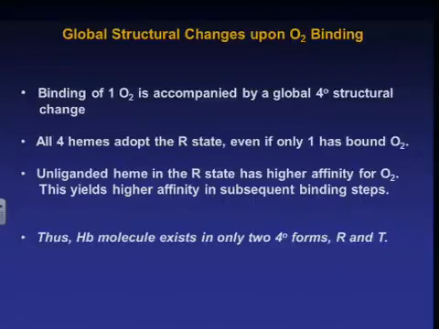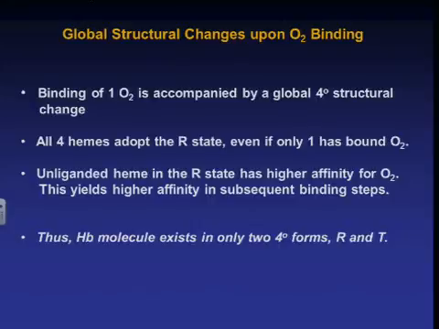All four subunits are undergoing structural changes, even though you've only had one binding event. So these unliganded hemes in the R state have a higher affinity for oxygen. The first binding event primed the pump, caused the conformational change, and now the other three unliganded sites have a higher affinity for oxygen.